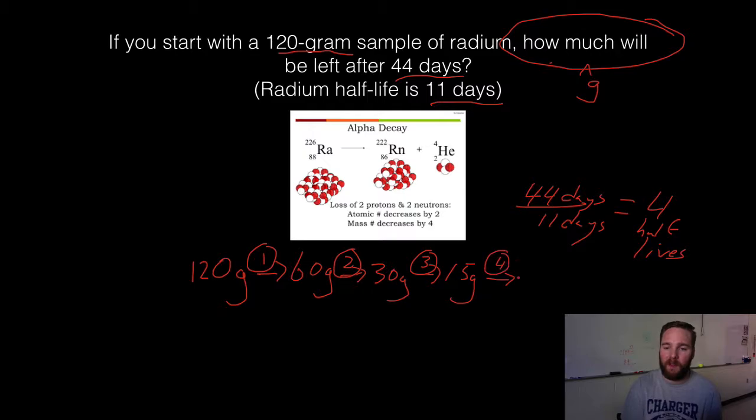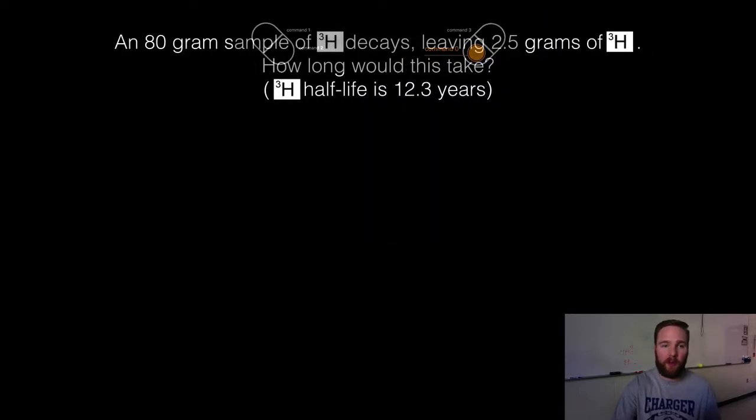It's going to go from 15 to 7.5 grams. And it says after 4 half-lives or 44 days, how much is left? That is our answer, 7.5 grams. Looks logical to me. Okay, let's do another one.